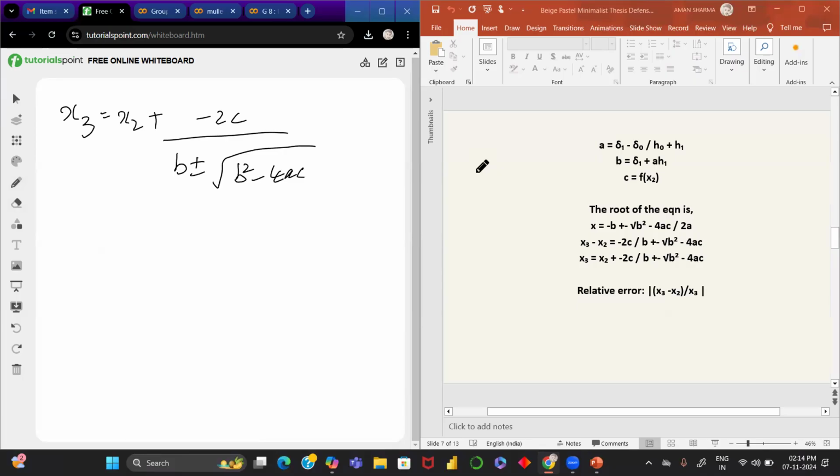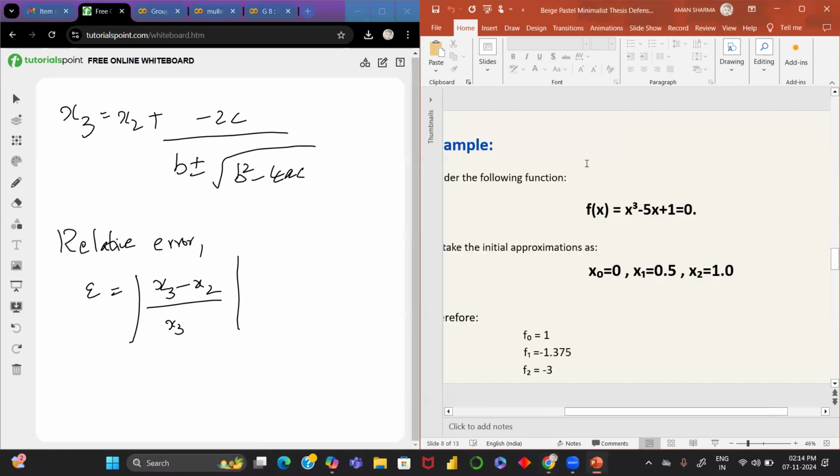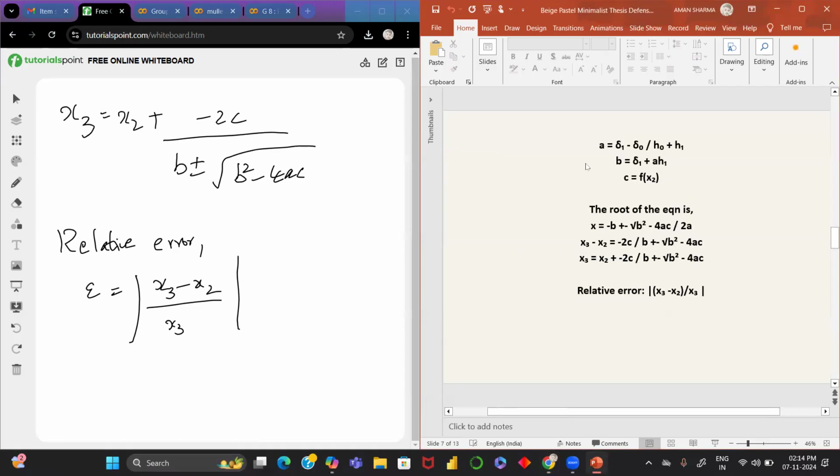So we get the root as x3, and we have here a relative error. The relative error epsilon is equal to x3 minus x2 by x3. If the error is less than the tolerance, then we stop the iteration, and the root is x3.